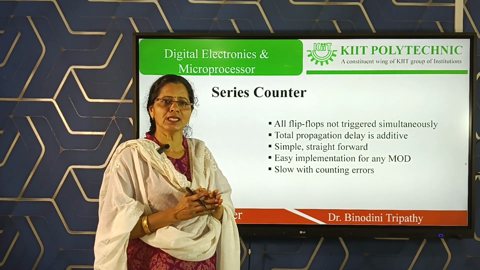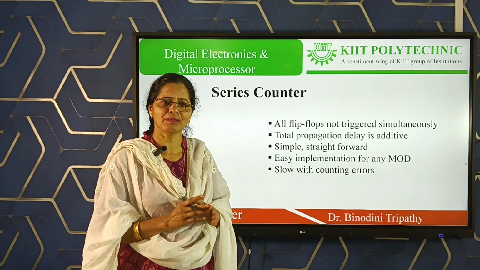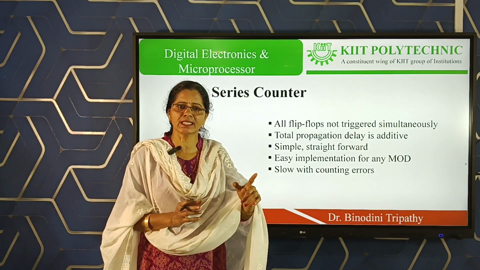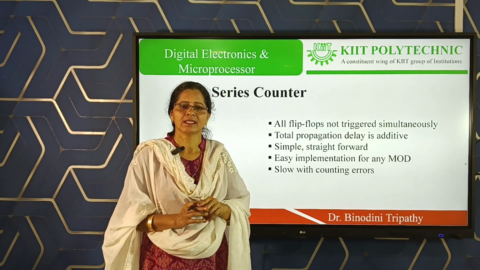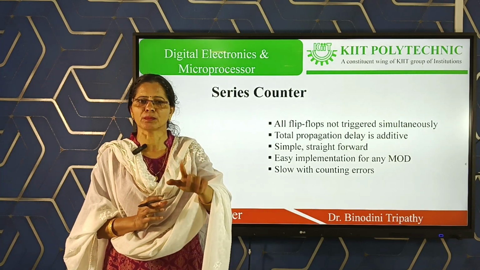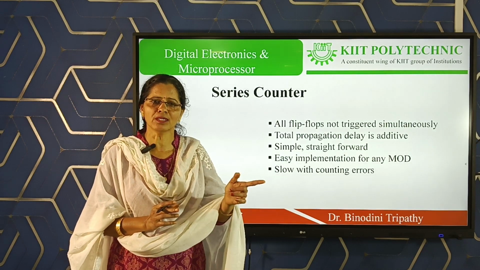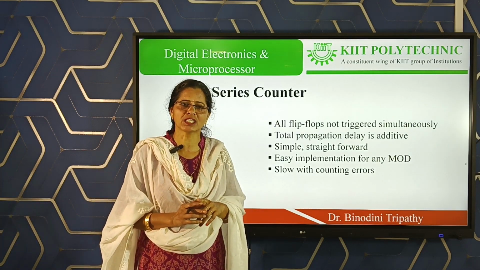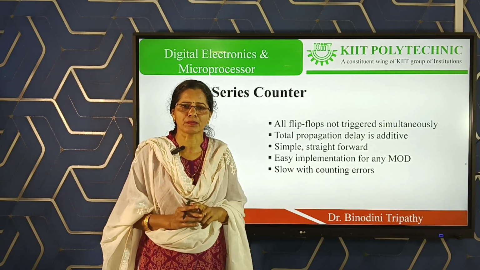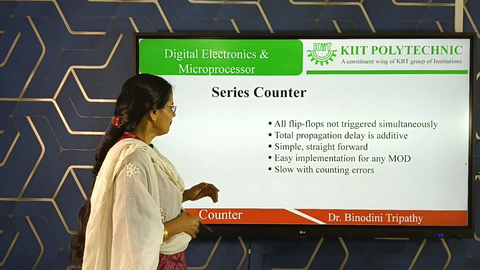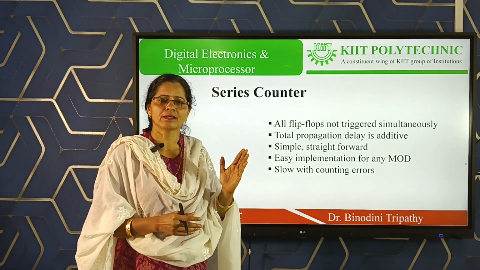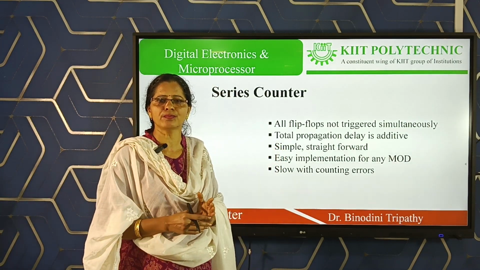But if you have to design a mod 16 counter, please remember some difference here. Either you are taking the designation mod m or bit. If you are taking the bit designation, the number of bits indicates the number of flip-flops. But if you are using the modulus value, mod 16 means you have to use 4 flip-flops, because 16 is equal to 2 to the power 4. So it will be better to first remember that in terms of bits, we can take the number of flip-flops.